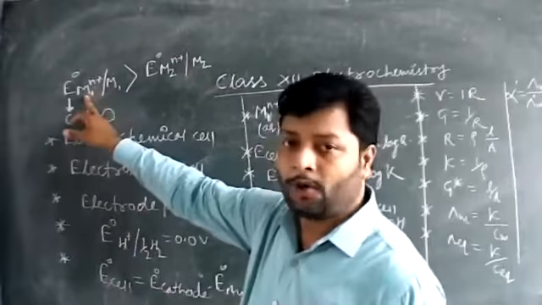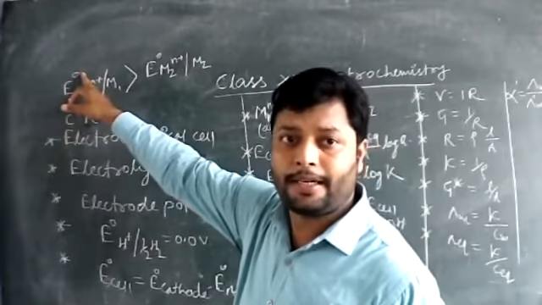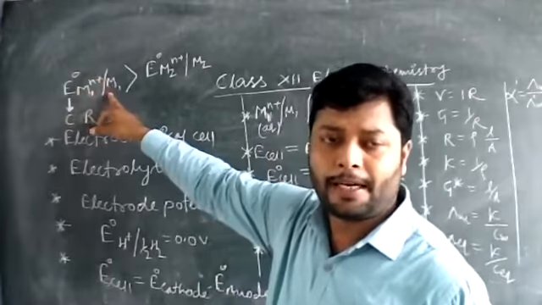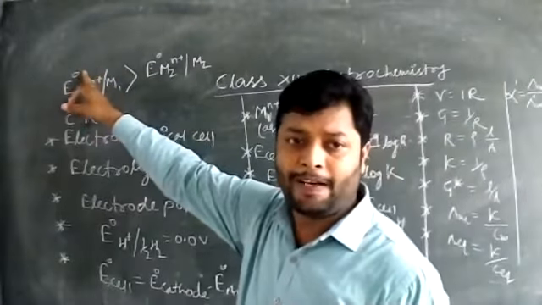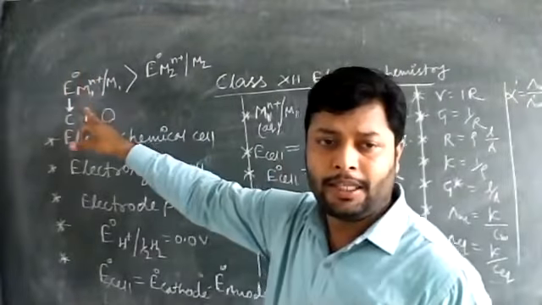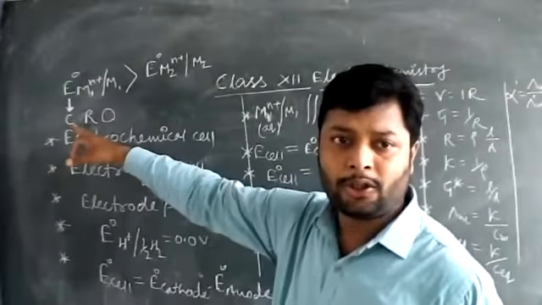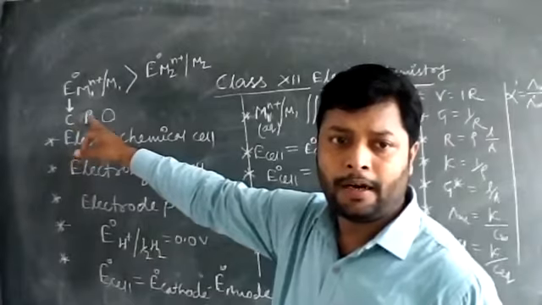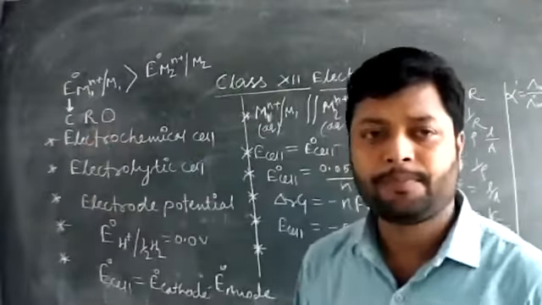if any electrode has a high reduction potential value in standard condition, then the electrode can behave like a cathode. There will be reduction and it is called an oxidizing agent.